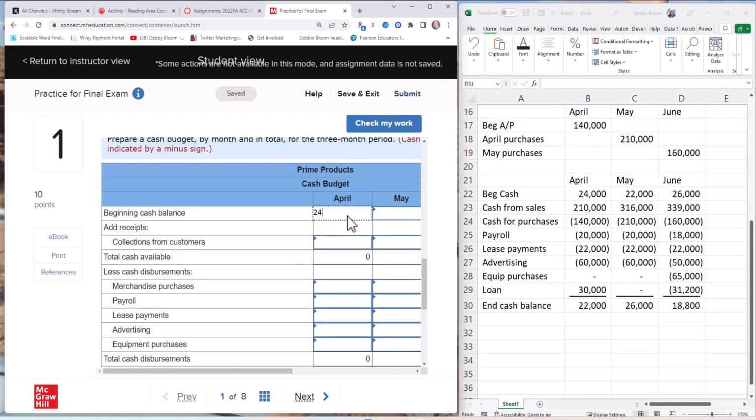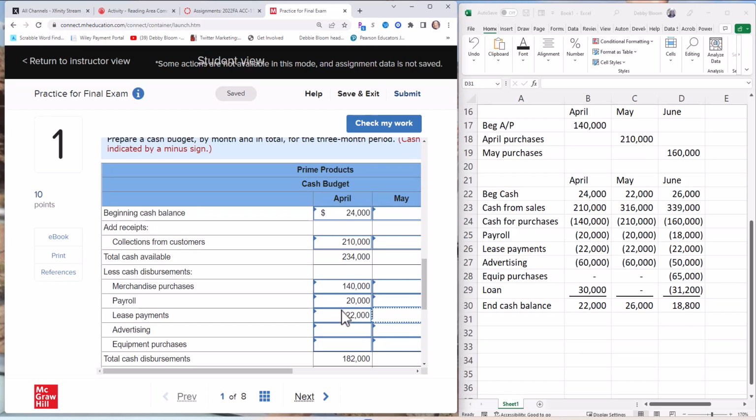Now let's put that into our budget. So April, we have a $24,000 beginning cash. We budgeted $210,000 collections from customers. Our cash disbursements are for purchases, $140,000. Payroll, $20,000, given in the problem. Lease payments, $22,000. Advertising, $60,000.